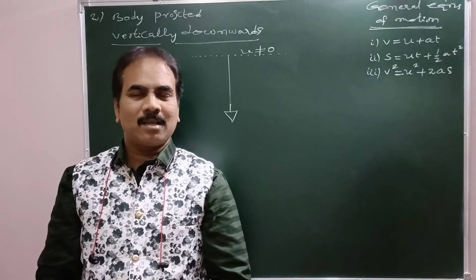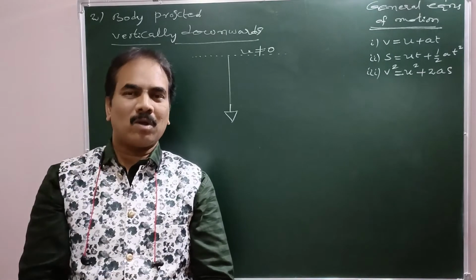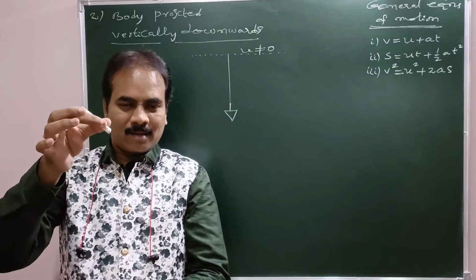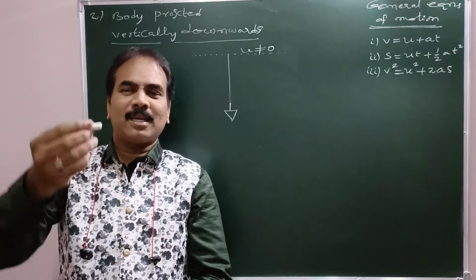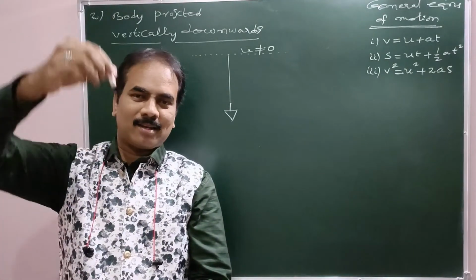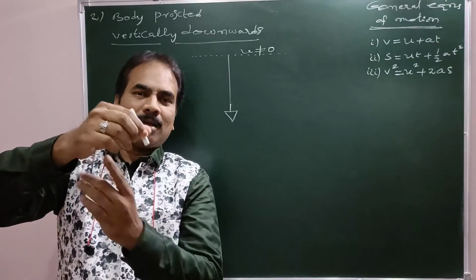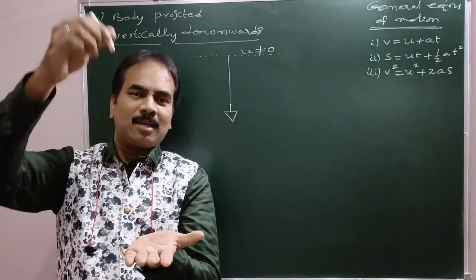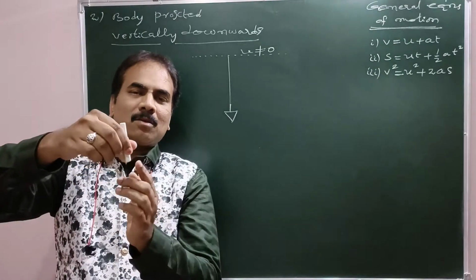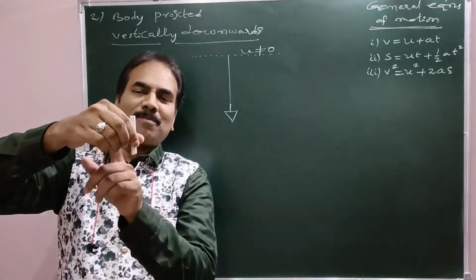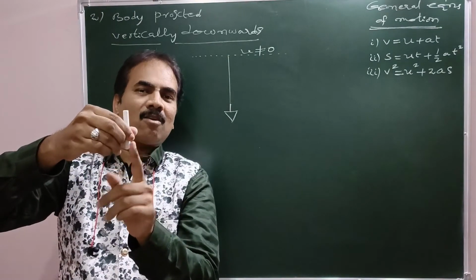Now the second case, when the body is projected vertically downwards. Here the body is not dropped but projected. See, my hand comes into motion. If this is projected downwards, my hand must come into motion. By the time the chalk piece is released, the velocity of my hand becomes the initial velocity of the object.